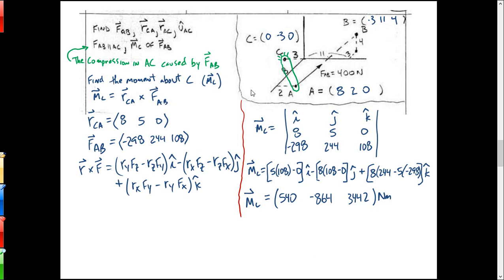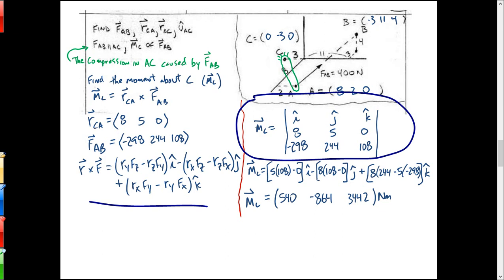I got the force vector. I've got the formula for doing a cross right on the formula sheet. But like I say, I had a real scary math professor who taught me how to do that, so I always do it that way in case he'll ever find me and get mad at me for doing it differently. So I use it that way. I do the cross, and I just run the formula, and I get 540I minus 864J plus 3442K.